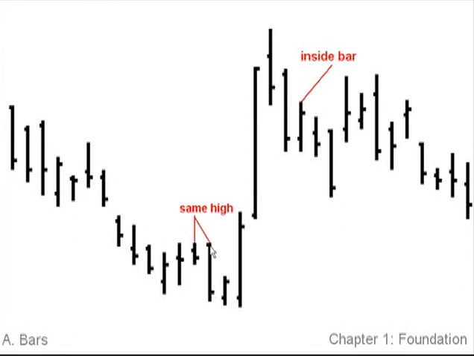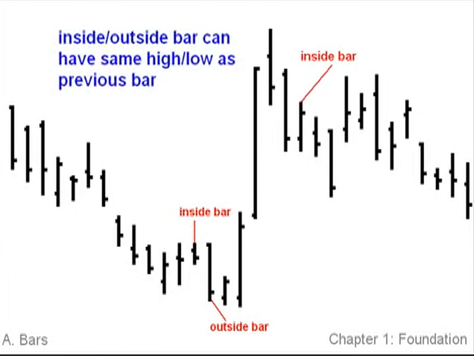That makes this long bar a legitimate outside bar. These two bars over here have the exact same high, and this little bar has a higher low. That makes this little bar a legitimate inside bar. An inside bar or an outside bar can have the exact same high or low as the previous bar.